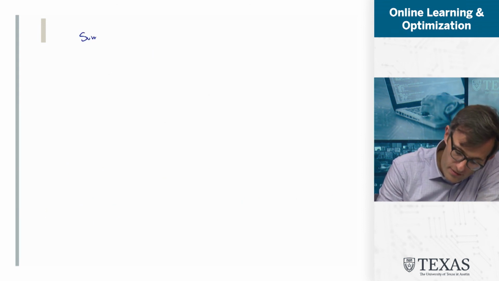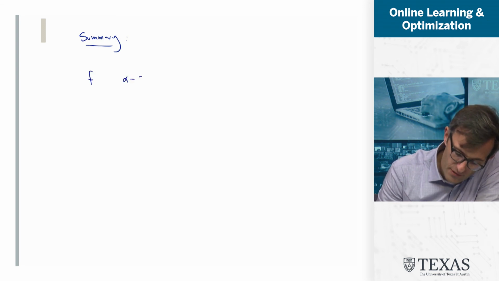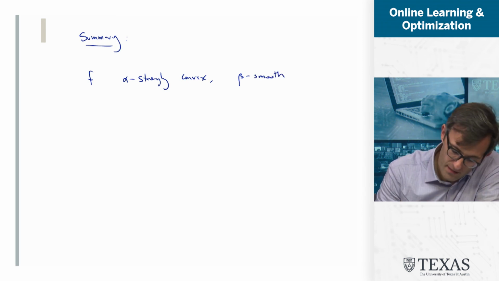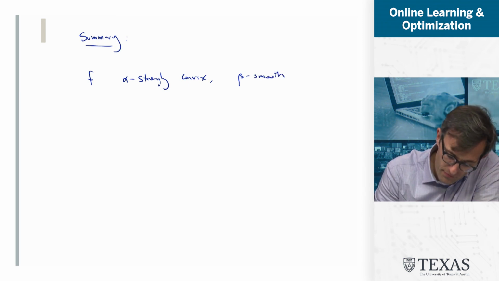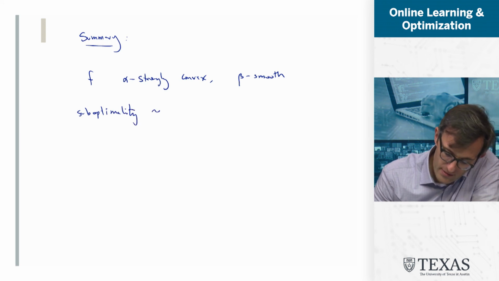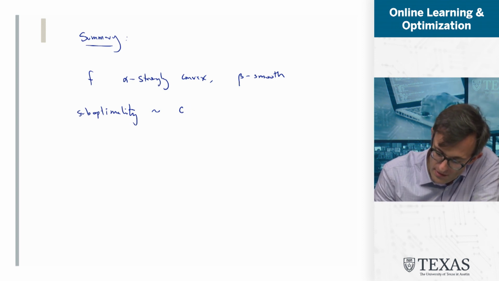So my summary is that for f alpha strongly convex and beta smooth, we have suboptimality controlled by something that looks like a constant times a constant raised to the t.